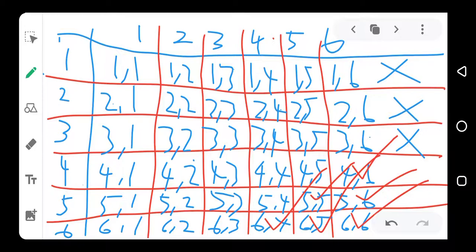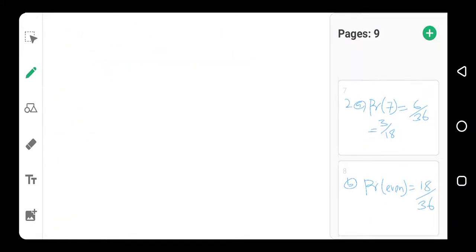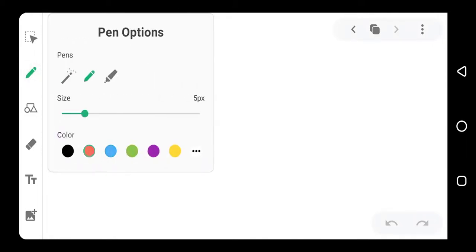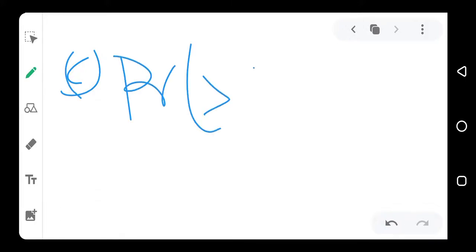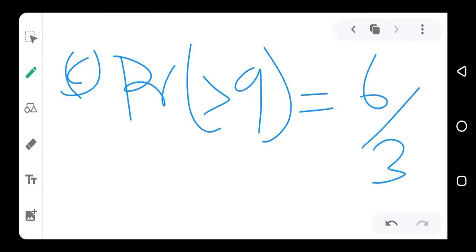So our probability for a number greater than 9 is equal to 6 over 36, which we can simplify further to get the smallest fraction.